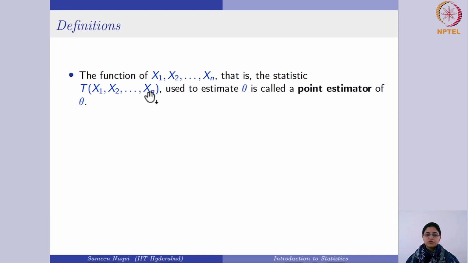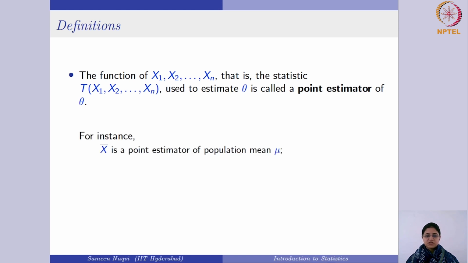Now, when you use this statistic to estimate the population parameter, it now becomes the point estimator, or you refer to it as a point estimator. It is the same thing, but the role now changes. Okay, so you are basically using a statistic to estimate a parameter or a population parameter, and then you refer to that statistic as a point estimator.